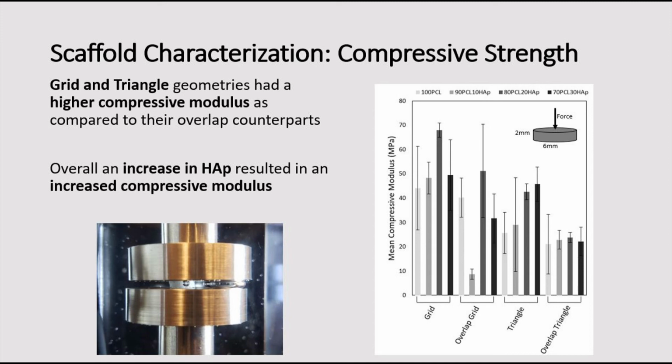This trend is due to the strand orientation of the grid and triangle scaffolds as compared to the overlap counterparts. Grid and triangle geometries experience strand penetration between each deposited layer. Additionally, an increase in HAP content expressed an increase in compressive strength. All results were comparable to reported results of trabecular bone.